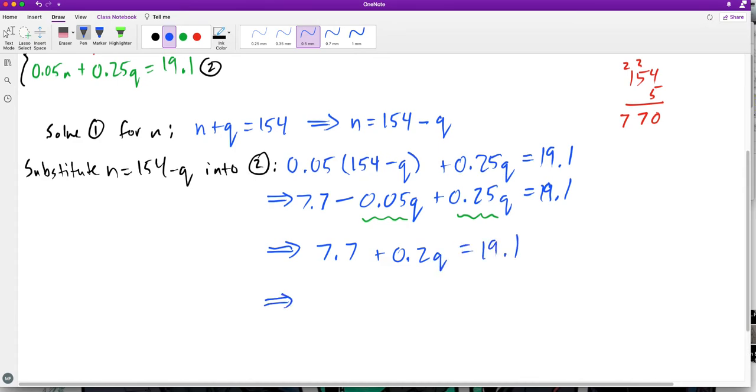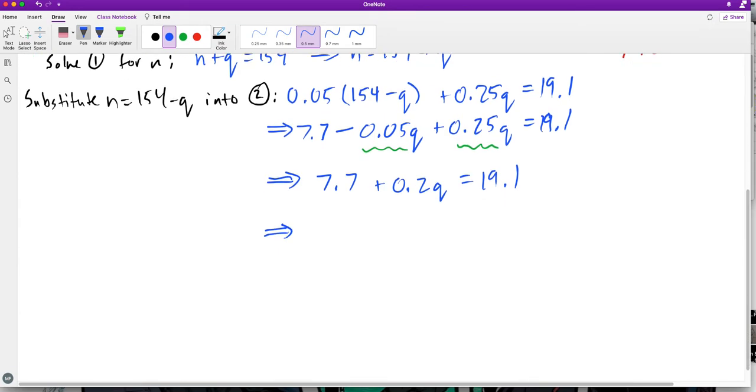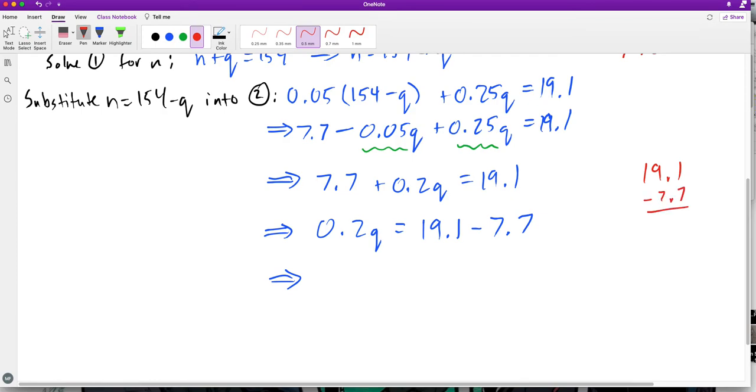Now I'm going to subtract 17.7 from both sides. Let's again do a little bit of scratch work over here. Okay, so I get 11.4.